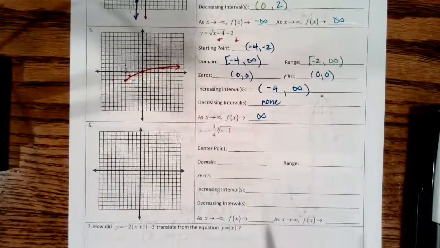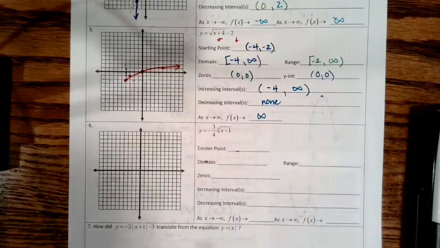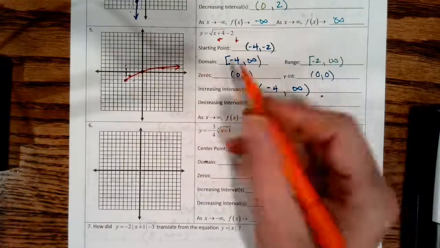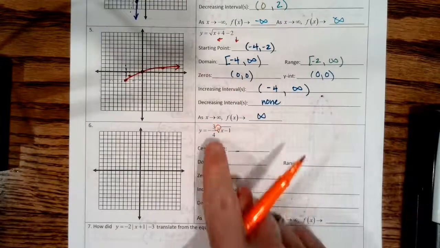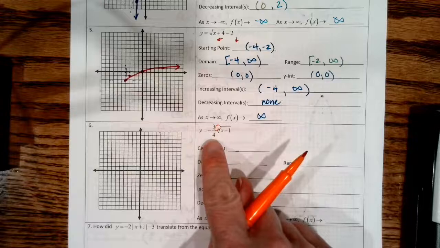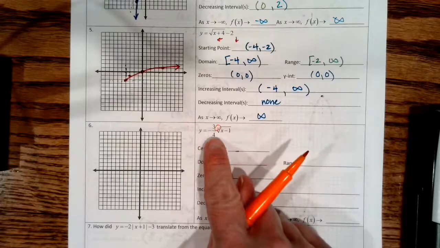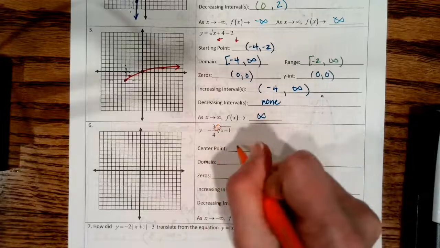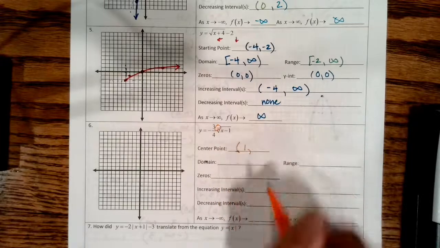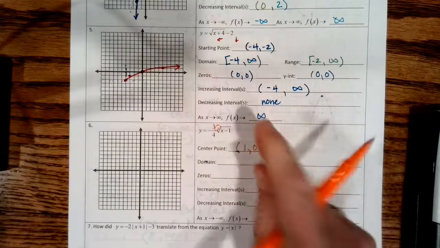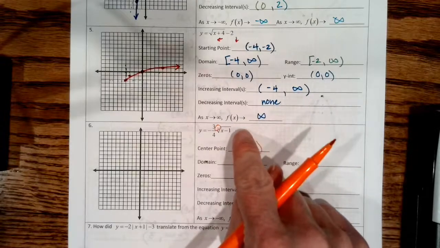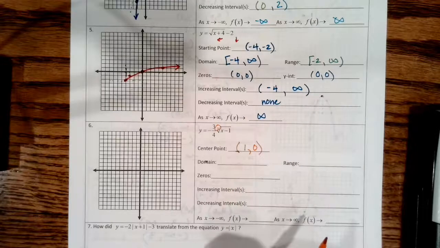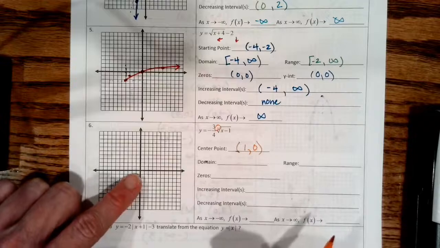All right, so you know what's coming next. If I have a square root graph, of course, next I'm going to have a cube root graph. This one's a reflection and a compression because it's a fraction that's less than 1. My center point is going to be moved over 1 in the positive direction, but it's not going to leave the x-axis because I don't have a vertical shift.